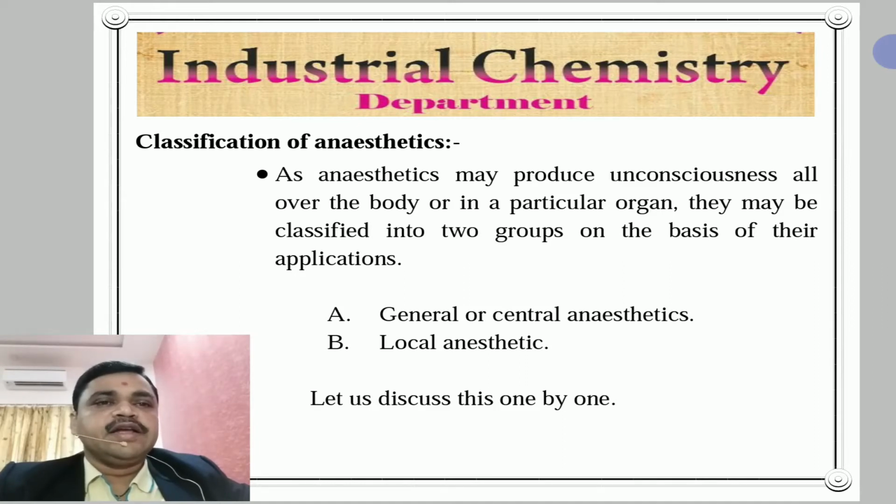Number A, general or central anesthetics, and number B, local anesthetics. So these are the 2 main types of anesthetics, general and local. Now we discuss them one by one.